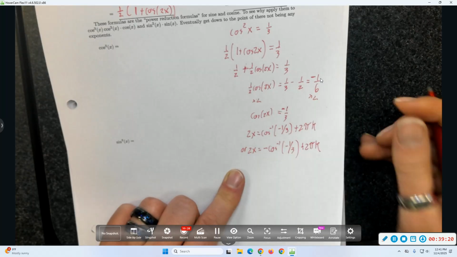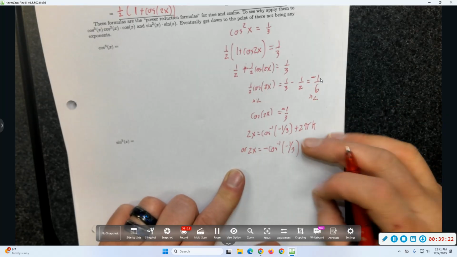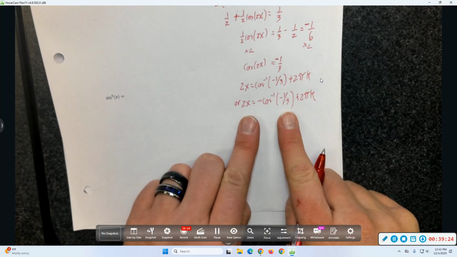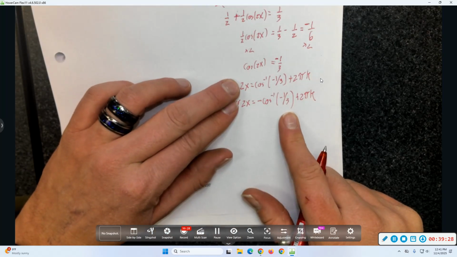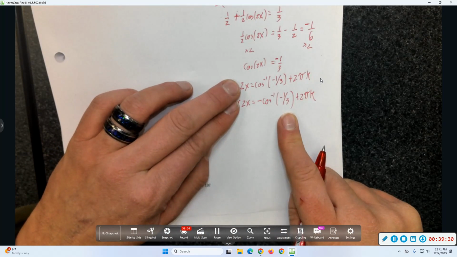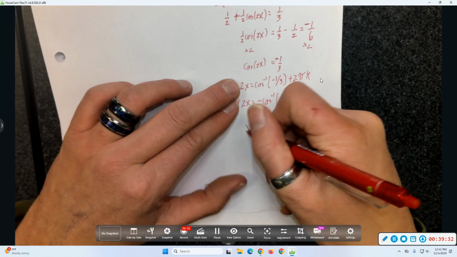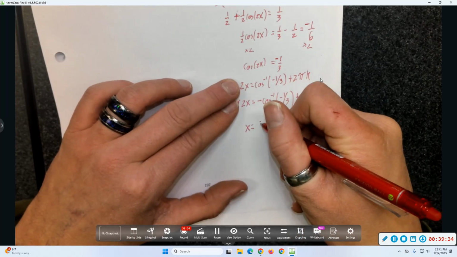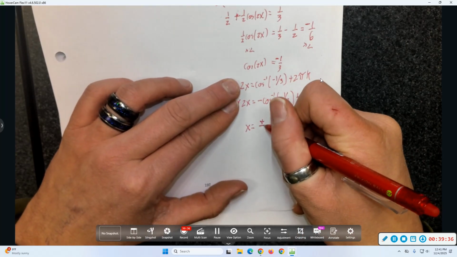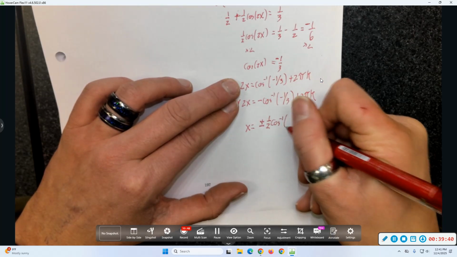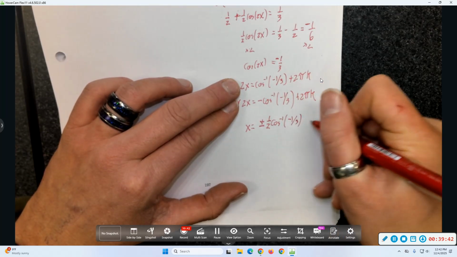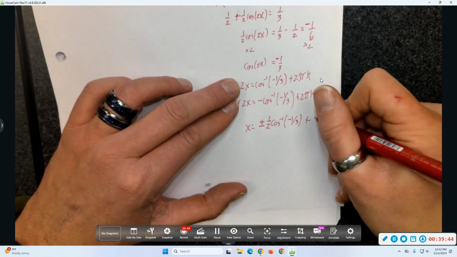So that was a nice blast from the past of things that you remember doing. Oh, cool. But I still need to get x on its own, so what do I still need to do? Divide by 2. Nice. So x is either, well, let's just put the plus or minus out front. 1/2 cosine inverse of negative 1/3 plus, divide this by 2, is pi k.